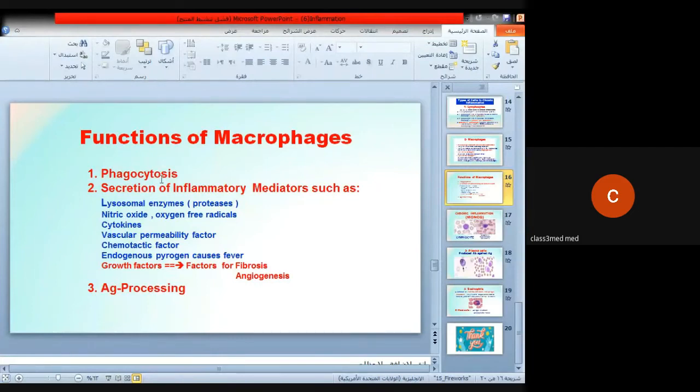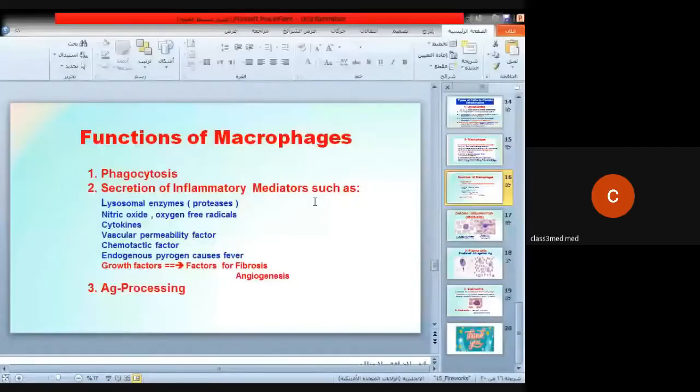Second, secretion of inflammatory mediators: lysosomal enzymes, also called proteases, nitric oxide, oxygen free radicals, cytokines, vascular permeability factor, chemotactic factor, endogenous pyrogen, which causes fever, and growth factors, which stimulate the proliferation of fibroblasts to produce fibrosis and also induce angiogenesis.